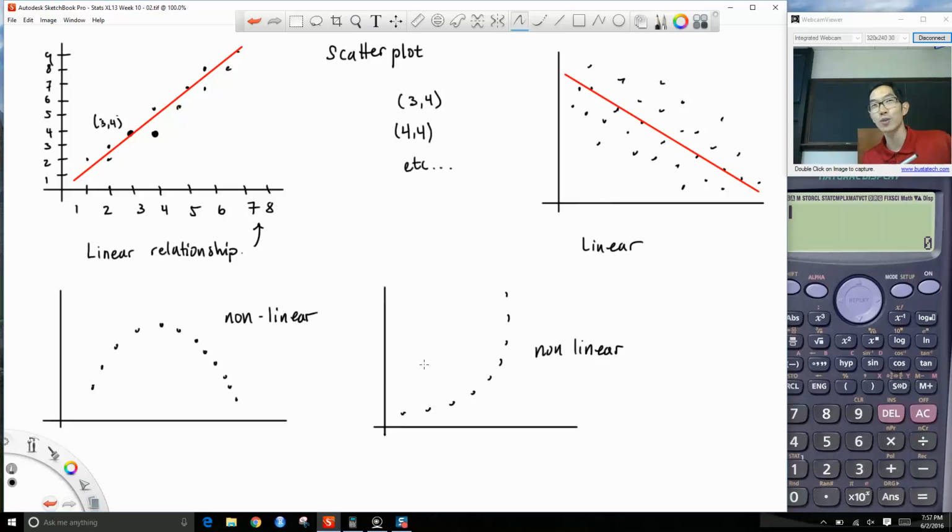Our brains are developed to pick out patterns very quickly, maybe a little too quickly, where it gets us in trouble. But we identify patterns very well, and as far as at a basic statistics level, we don't have any other way to say whether something looks like a straight line or not. Now there are computer algorithms that are quite complicated.